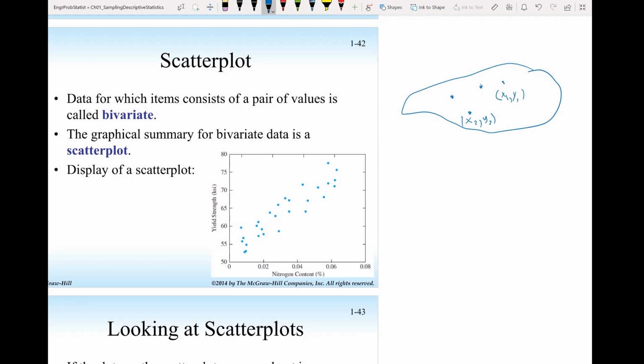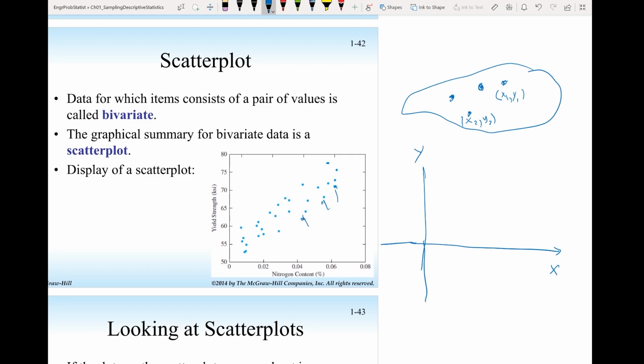I want to investigate whether there is a relationship between the x's and y's. So I decide the horizontal axis represents one variable and the vertical axis represents the other. This could be x and this could be y, and then I plot all these data points here, and they may come out something like this.